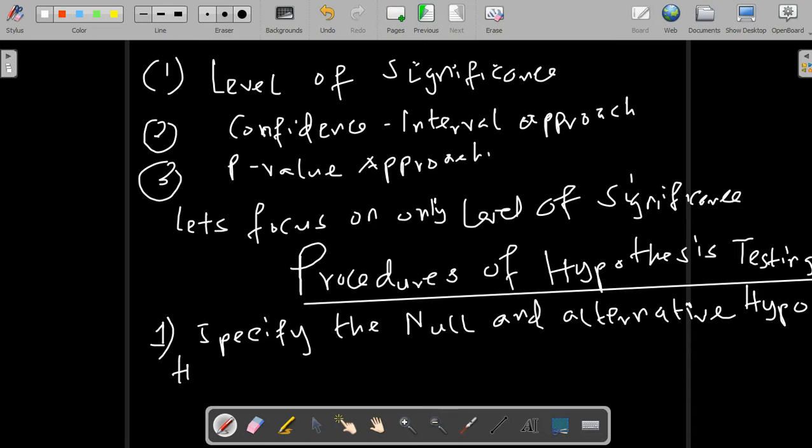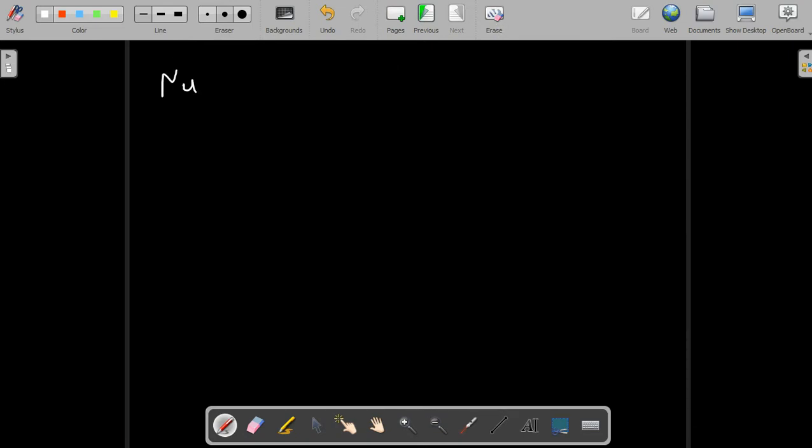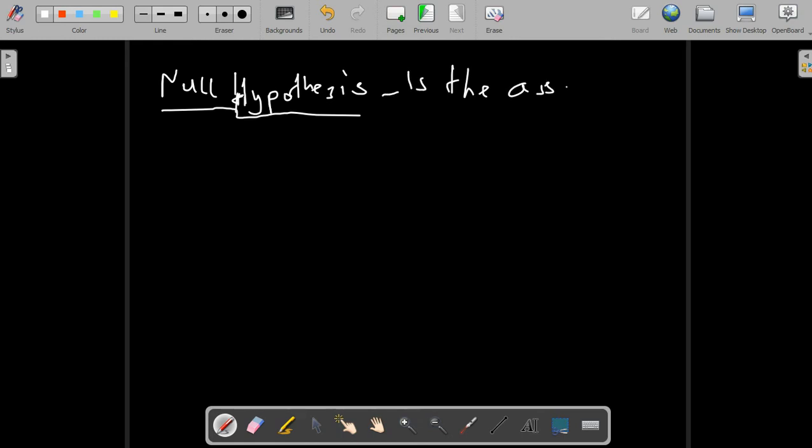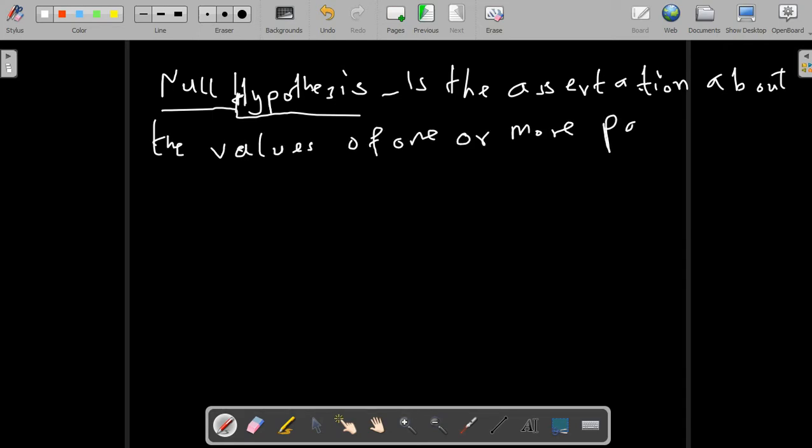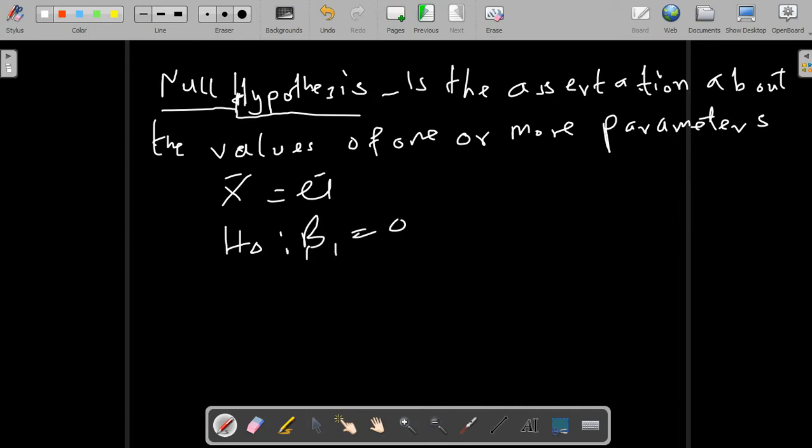It is given by taking the sample mean equal to the population mean, and this assertion is represented by H0 such that beta 1 is equal to 0.